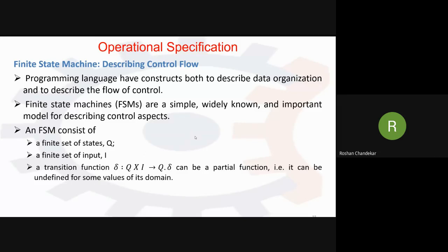in an information system, the emphasis is on the organization of data and the related operations. We have our DFDs, with which we can execute our functions, which gives me a data flow diagram. But programming languages have constructs both to describe data organization and to describe the flow of control.